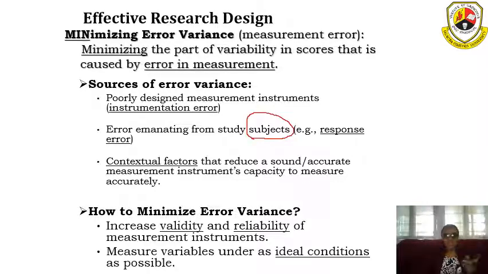So how to minimize? I think I've talked about this. Giving your instrument to others to look at. The other way looks at contextual factors, if there are things within the context that may create noise, for example, something that, like one of my respondents said, this term may be misappropriated.